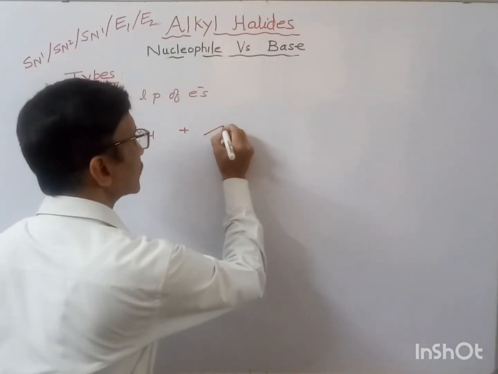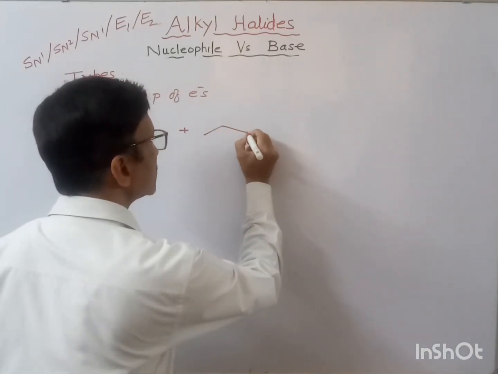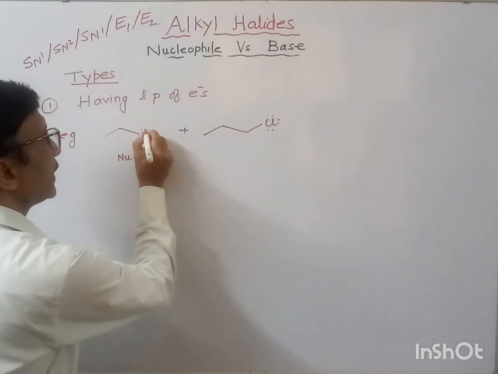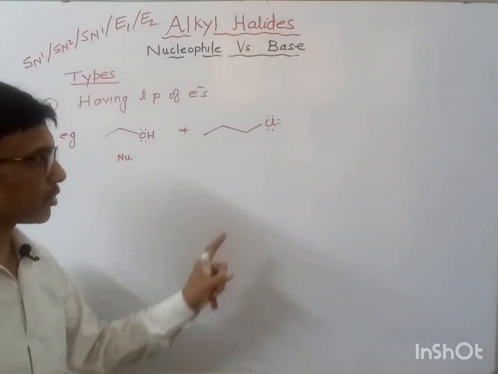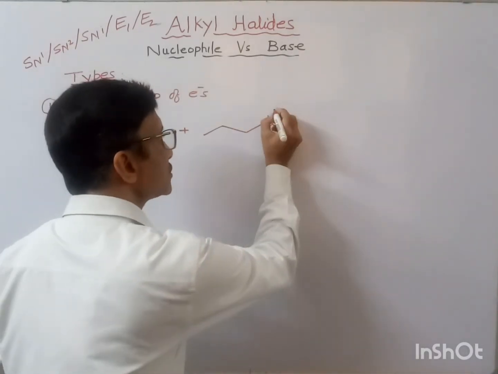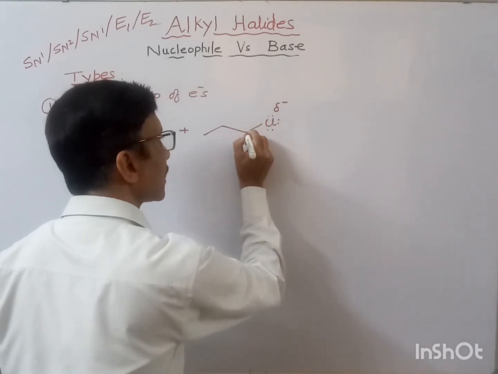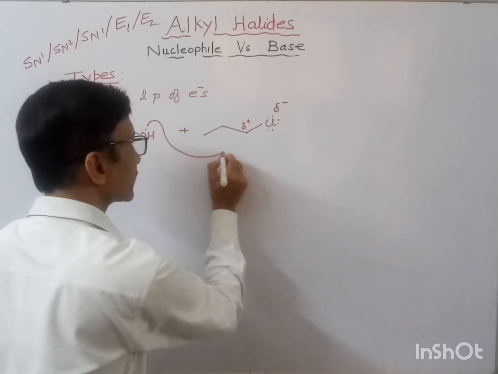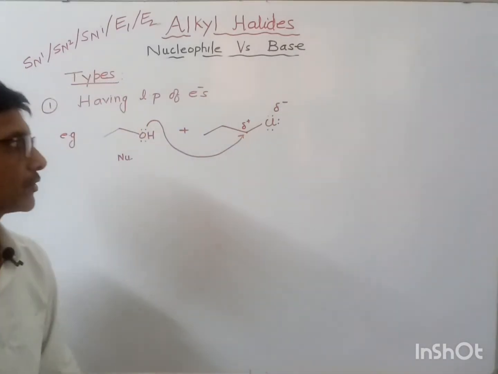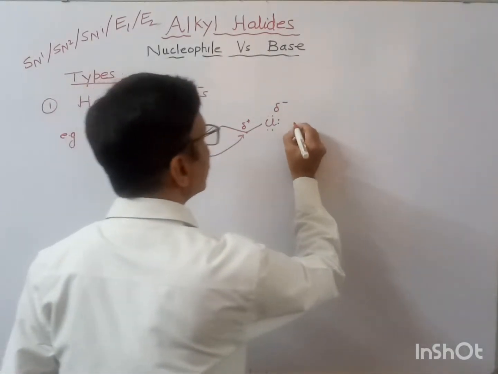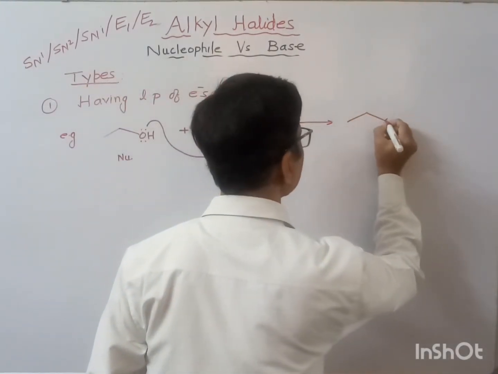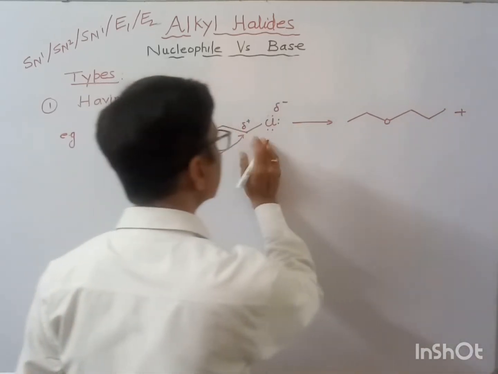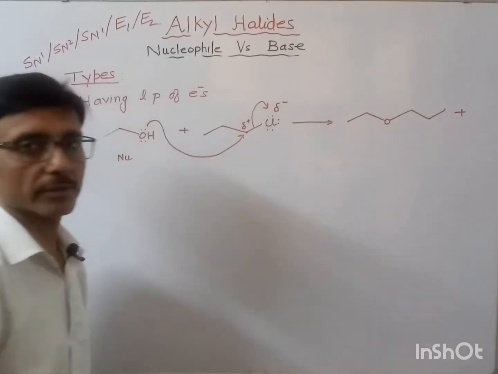So suppose any electrophilic carbon center, which may act as a positive charge center. The oxygen has a partial negative charge and this carbon has a partial positive charge, so the electron rich part can attack the electron deficient part, and finally we get an ether plus chlorine.